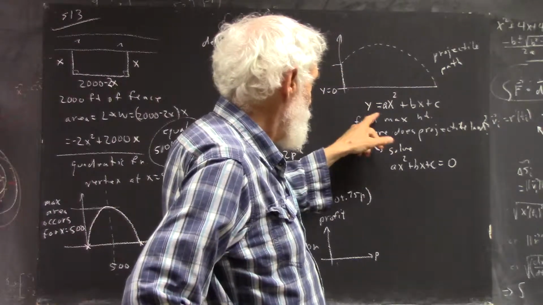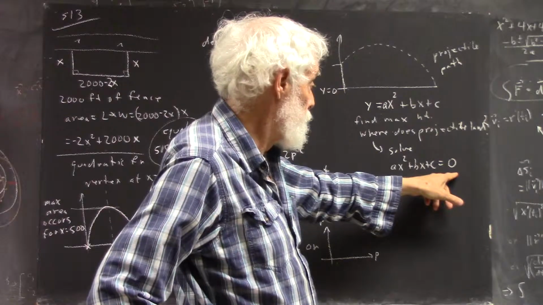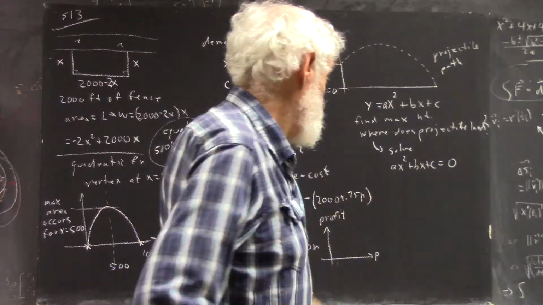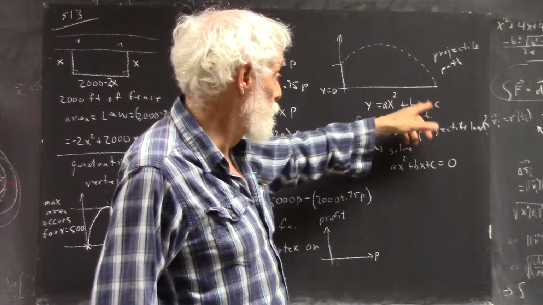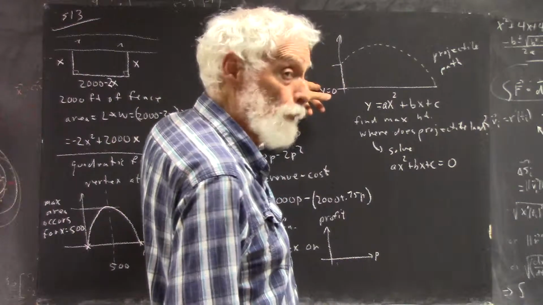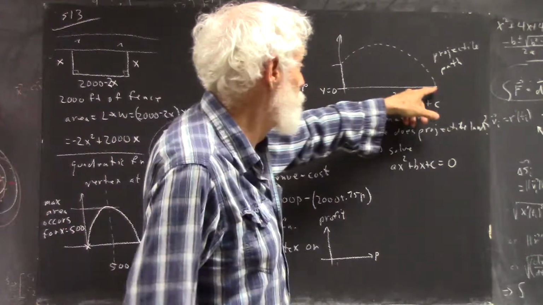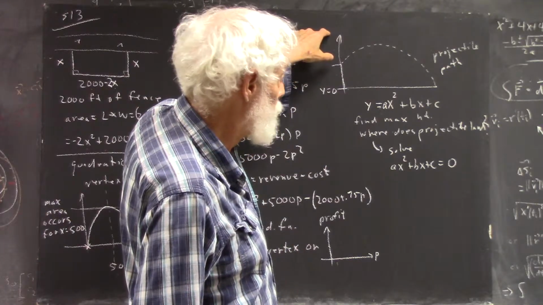Which means we have the equation ax squared plus bx plus c equals 0. We solve that and we figure where it lands. Now we want to be careful, we're going to get two results, one here and one back here where the projectile never was. So you've got to be sure you choose the right one that fits the conditions of the problem.